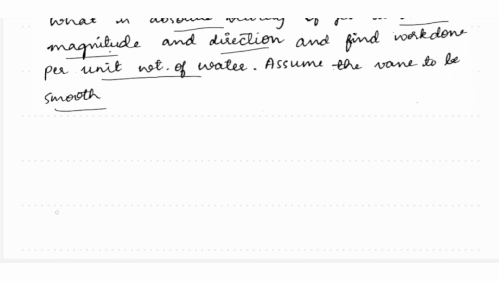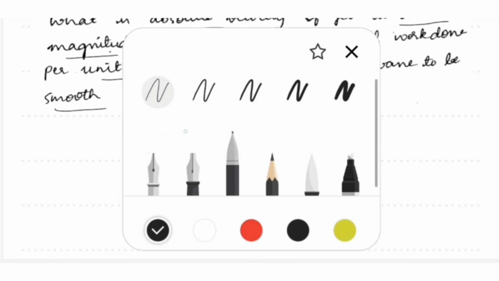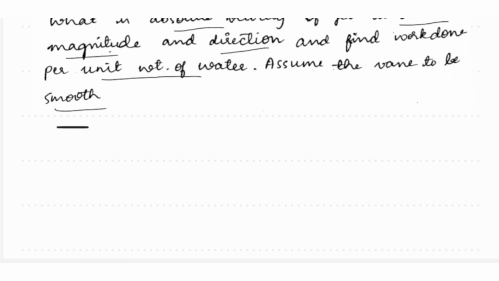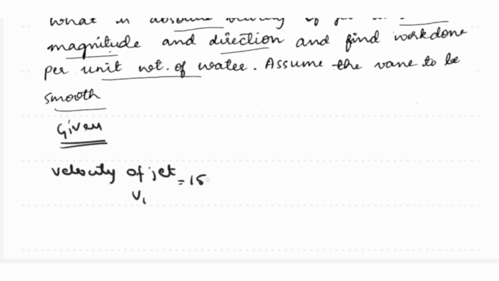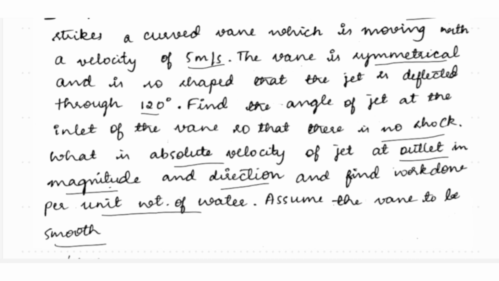So here the velocity of jet is given, V1 is equal to 15 meter per second, that is given in the question.